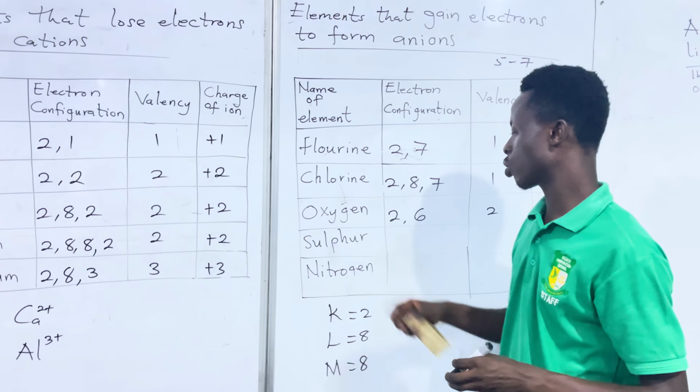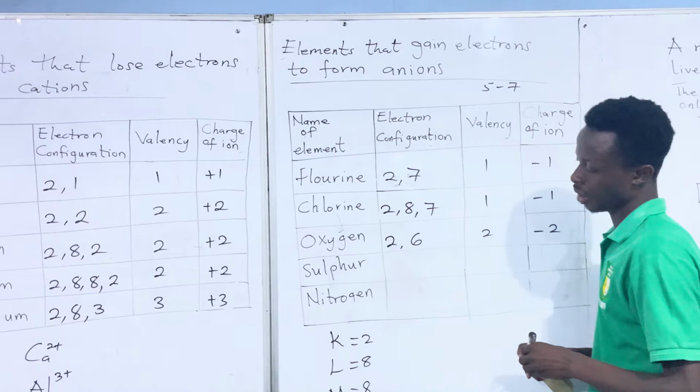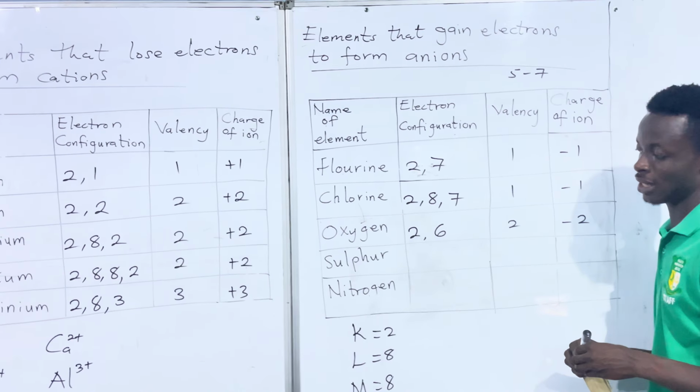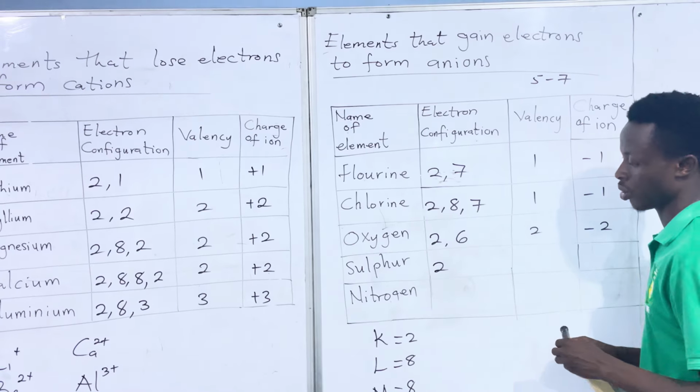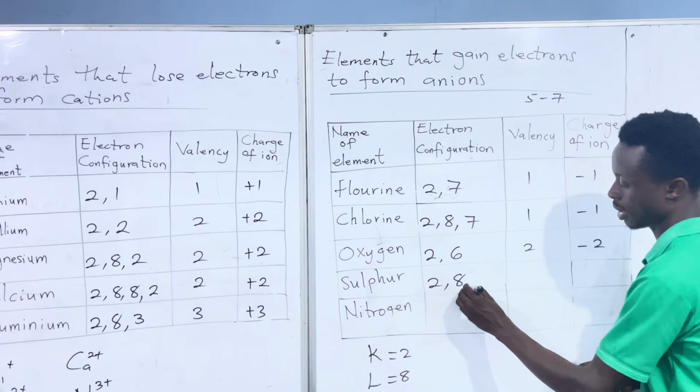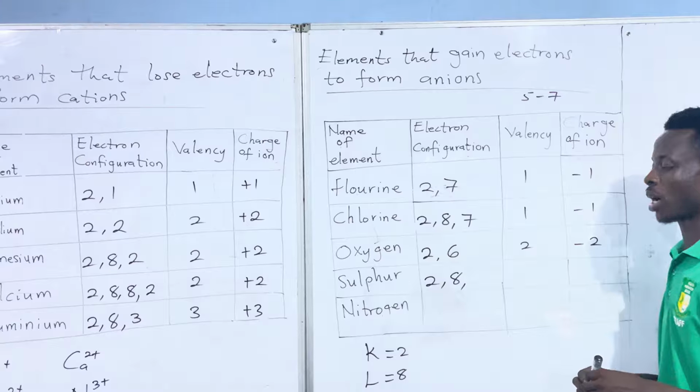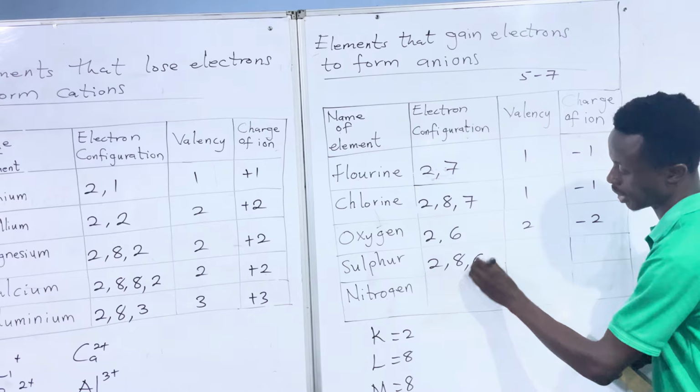Then let's look at sulfur. The atomic number for sulfur is 16. The first shell will take 2 electrons, the second shell 8, and then the last one 6.